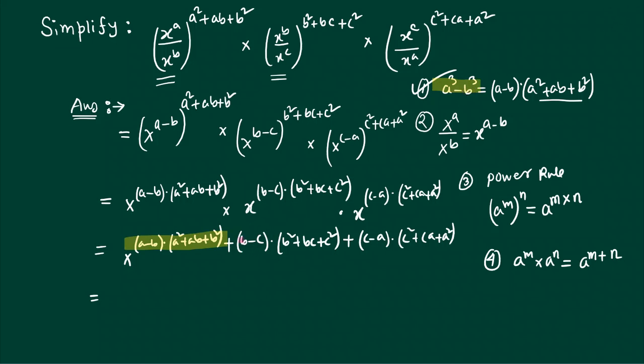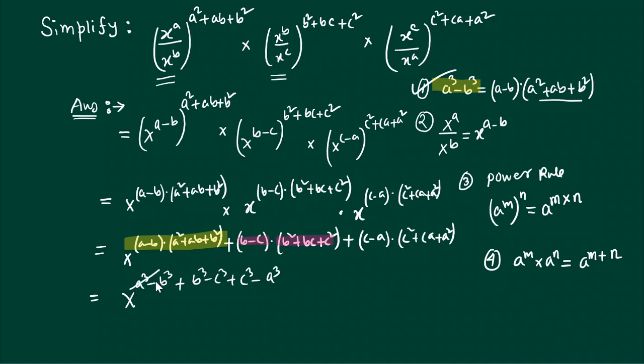In the same way, (b − c)(b² + bc + c²), we can write b³ − c³, right? So x^((a³ − b³) + (b³ − c³) + (c³ − a³)).